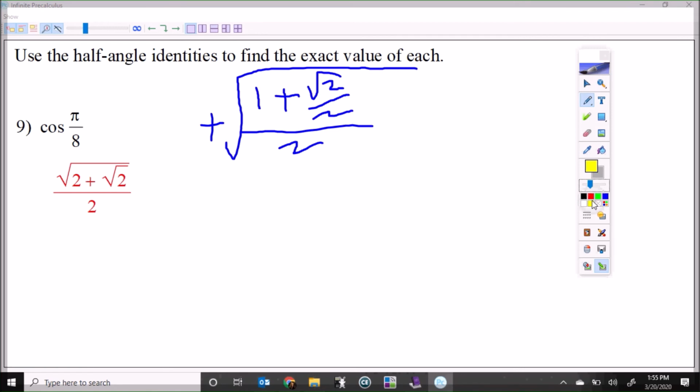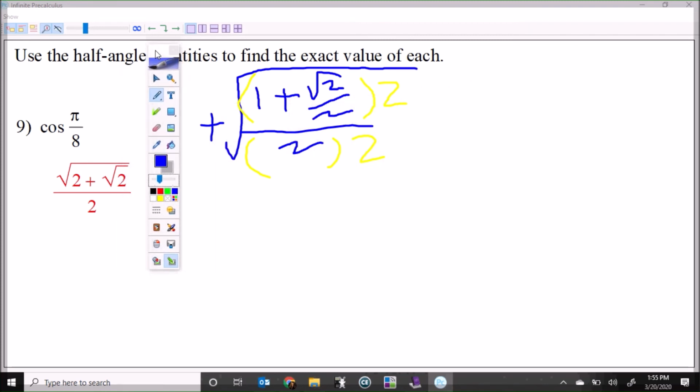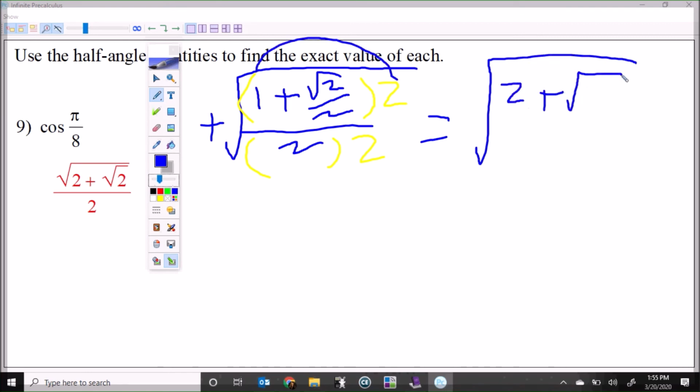All they did is say, okay, we have a little fraction inside of a fraction, and we don't want that. So we're going to multiply top and bottom by 2. If we multiply top and bottom by 2, we end up with, I'll distribute that 2, 2 plus the square root of 2 over 4.